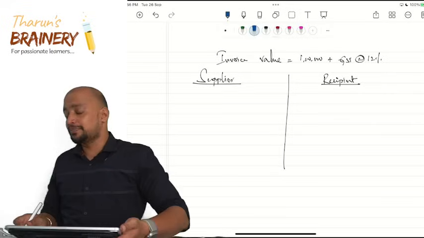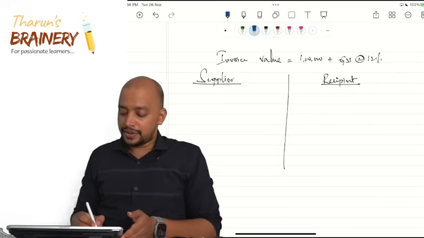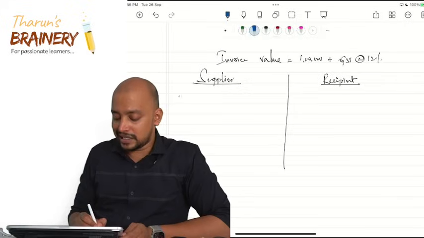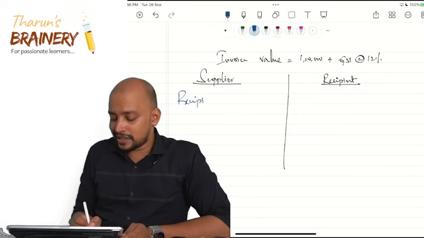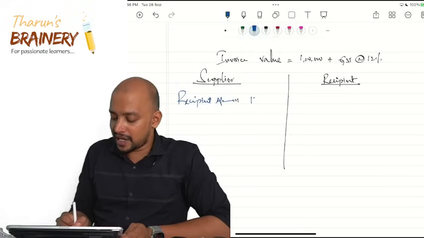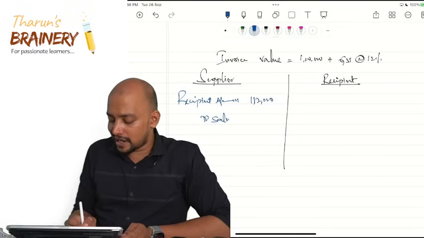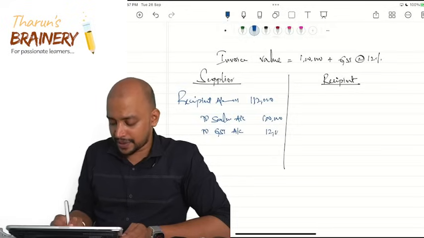In the books of supplier, it will be a sale transaction, so recipient account debit 1,12,000 to sales account 1 lakh, and to GST payable account 12,000.